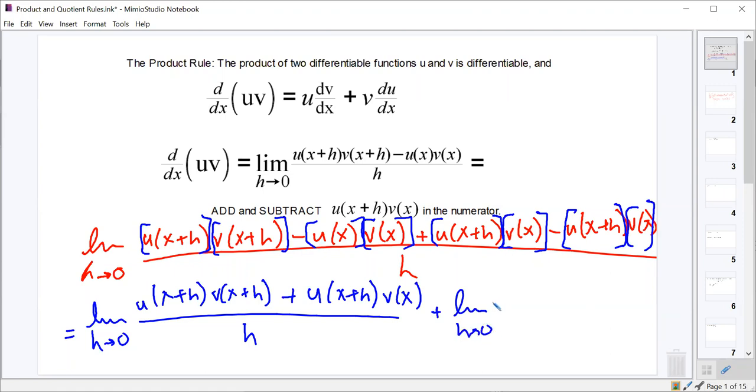Which is negative U of x V of x minus U of x plus h V of x. And don't worry, that's kind of messy there, but this isn't going to work out, so we're going to erase all that anyway. If I factored out the U of x plus h here, what would that give me? What would be left? A V of x plus h plus a V of x over h? What does that look very similar to?